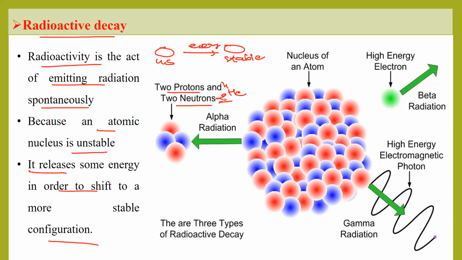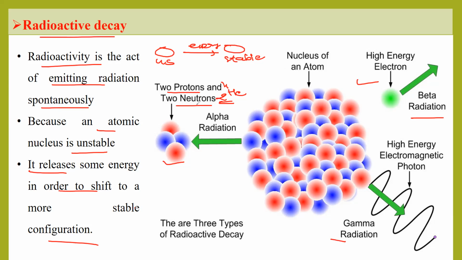This is known as alpha radiation. An unstable nucleus can also release high energetic electrons, those are beta radiation, and it can release high energy electromagnetic photons, those are gamma radiation.